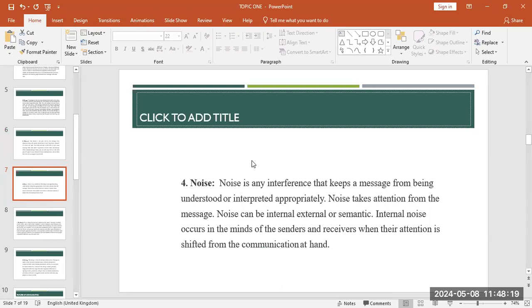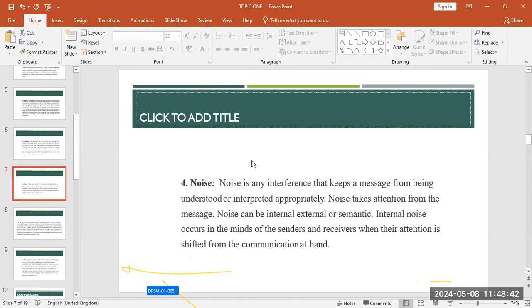Noise takes the attention of the listeners. Noise can be classified into various categories.